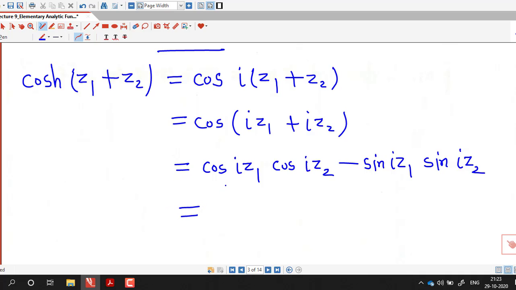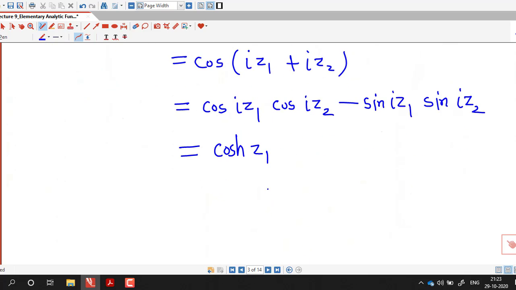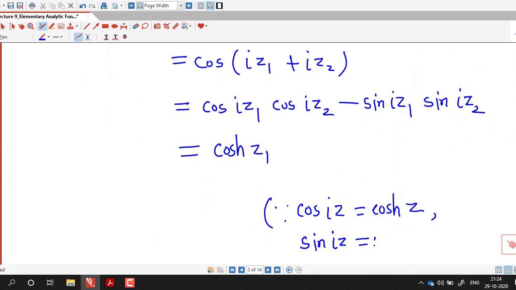Again, cos iz1 is nothing but cos hyperbolic z1. We are using this property: cos iz is cos hyperbolic z, and we will also use sin iz is i sin hyperbolic z.